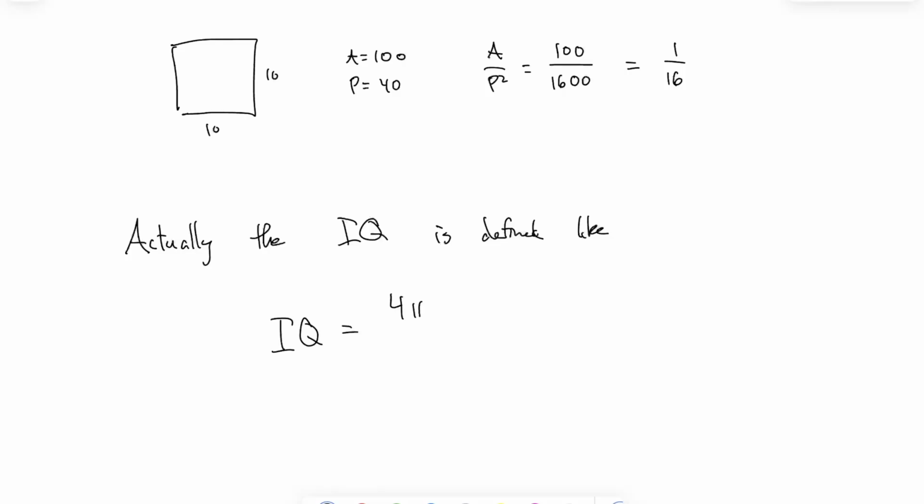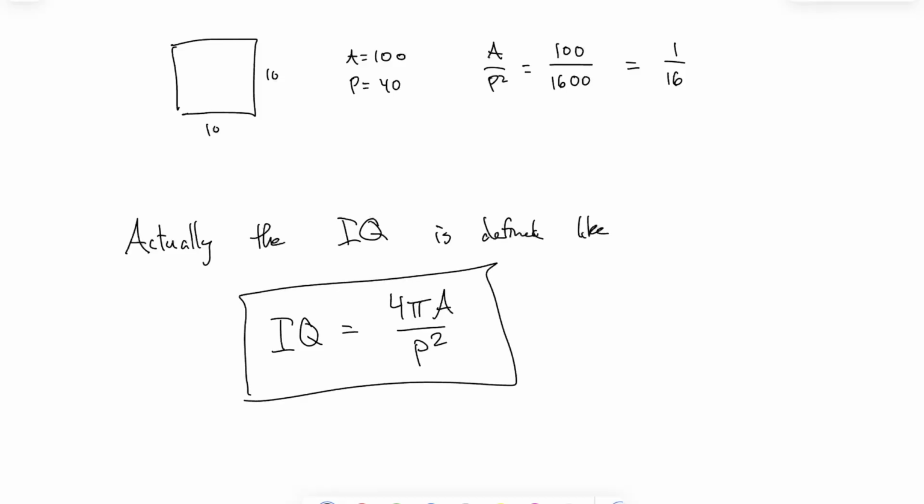It's not all that complicated: 4 pi times A over P squared. Why the 4 pi? Because mathematicians like things which have pi's in them. I will say a little bit about the 4 pi, but let me just clarify, just in case you haven't got it yet, that A is the area and P is the perimeter.